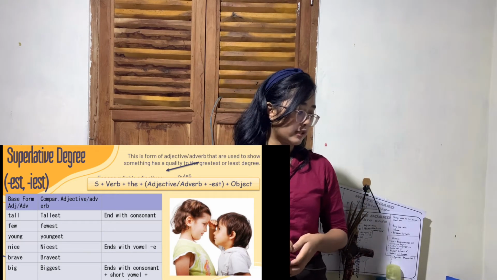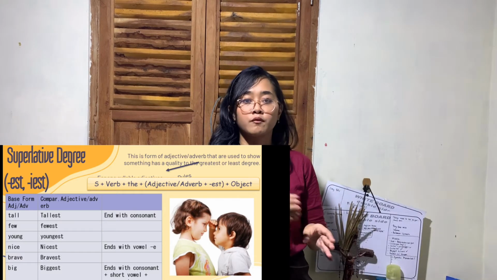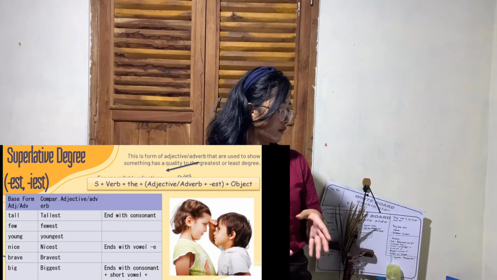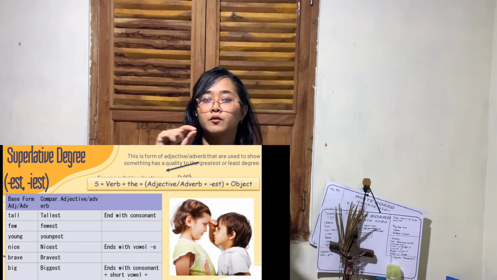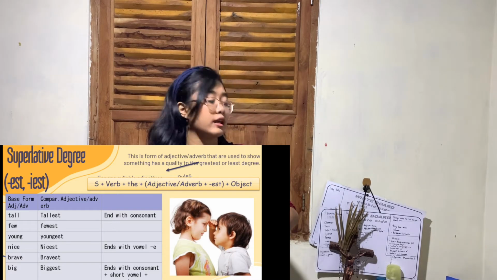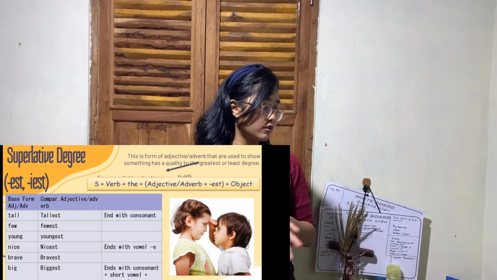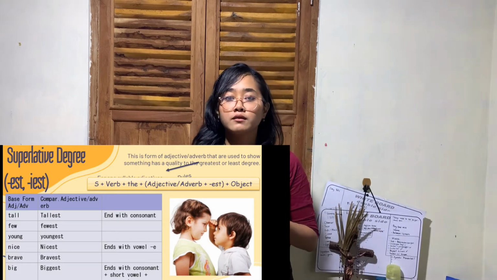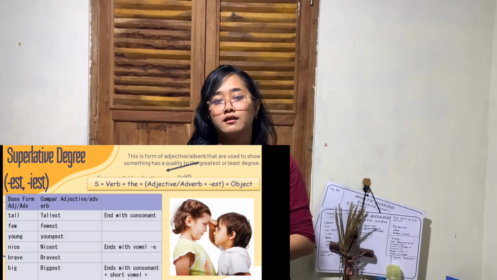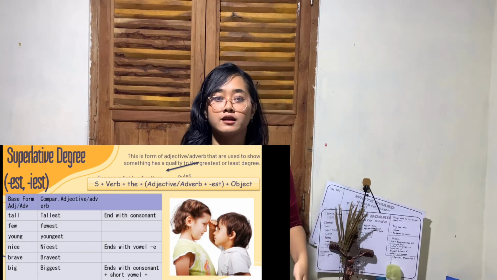If the adjective ends with a vowel e, you just put st, brave becomes bravest, and nice becomes nicest, because there's already an e on the adjective. And if it ends with consonant plus vowel plus consonant, you must double the consonant and put est, like big becomes biggest and hot becomes hottest.